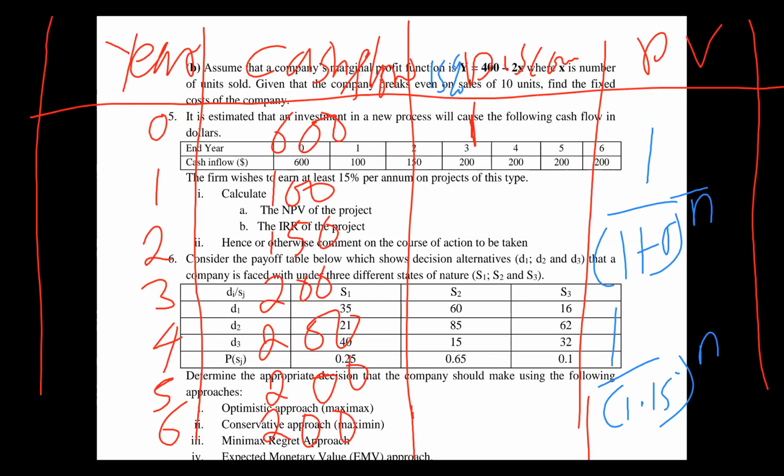1 divided by that, I find 0.870 to 3 decimal places.